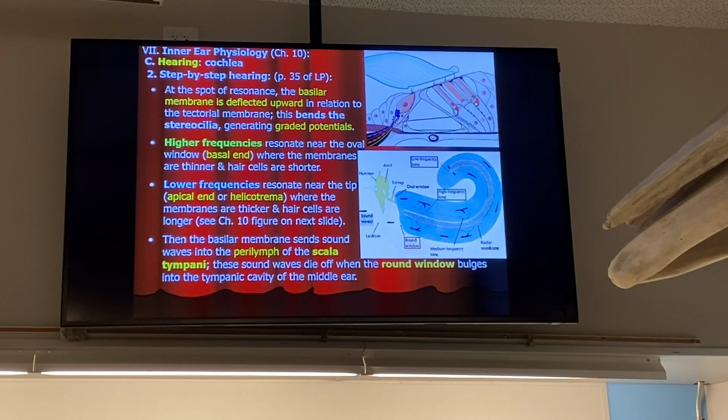The last chamber on the bottom, the scala tympani, that perilymph is to carry the sound waves out to die out. It hits the round window and it just bulges out into the tympanic cavity and absorbs the sound waves, so it doesn't bounce back to re-resonate. So say for instance you got a middle ear infection and there's a big dried piece of snot right up against the round window and it can't bulge out.